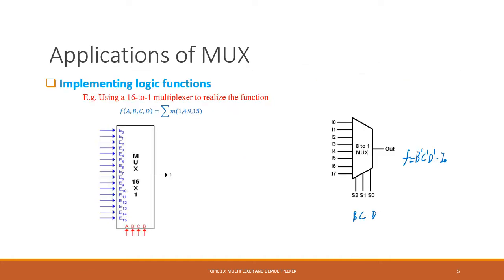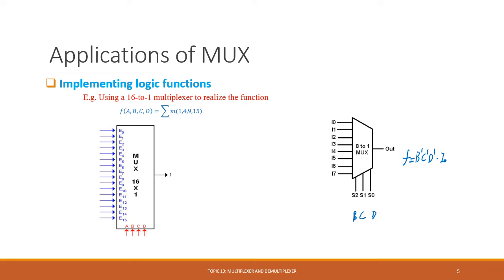Applications of mux. The first application is that we can use the mux to realize a specific Boolean function, just like the one shown here. This is a 4-variable function in minterm list form, right?